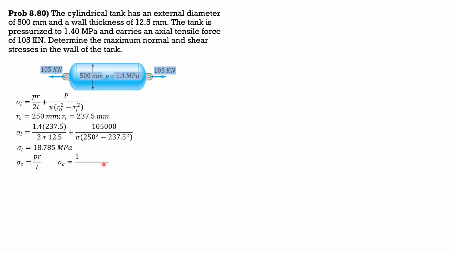So P is 1.4, R is 237.5 over 12.5. So sigma sub C is 26.6 megapascals. So for the maximum normal stress, let's have the Mohr circle construction. Let's plot first sigma L, which is 18.785, assuming its grid is 5 megapascals.